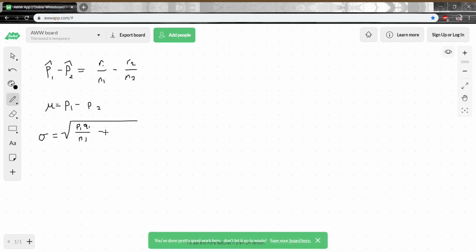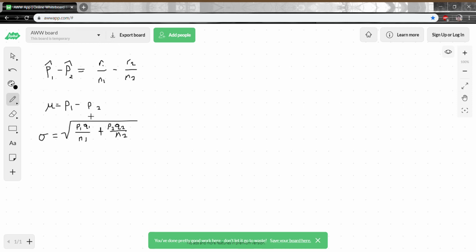And we're adding to that P2 times Q2 divided by N2. Now, since we have a way of calculating sigma, you can probably guess that this thing is going to be approximated by a normal distribution. We will talk about that more in a little bit. This is a plus sign.